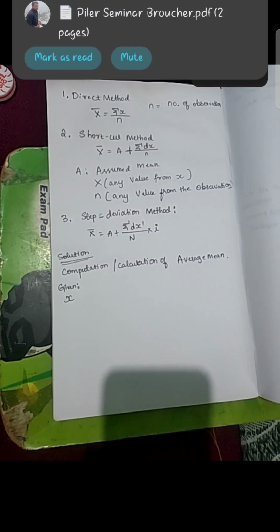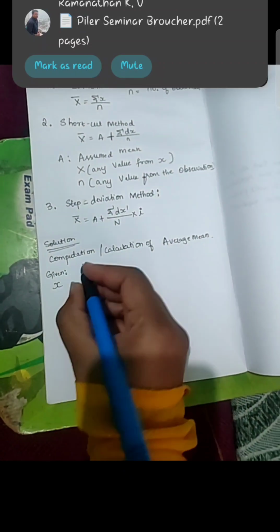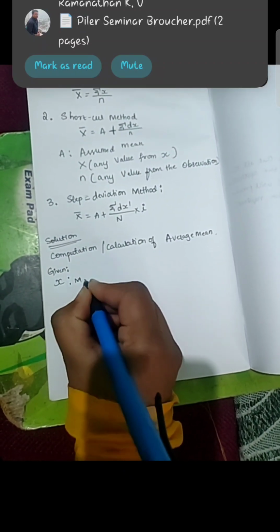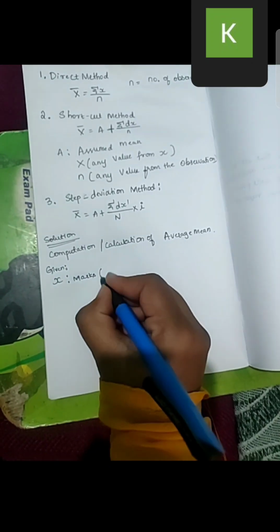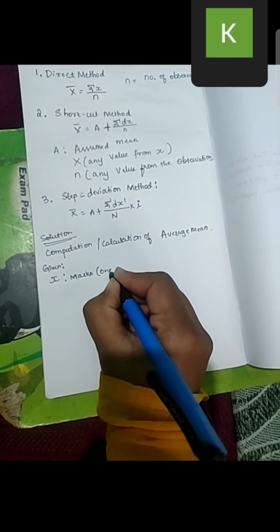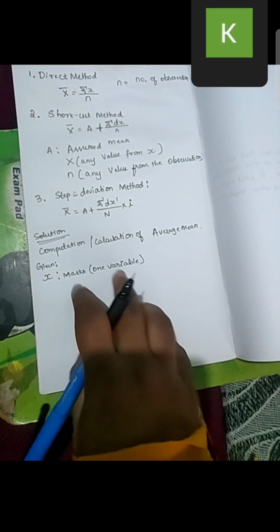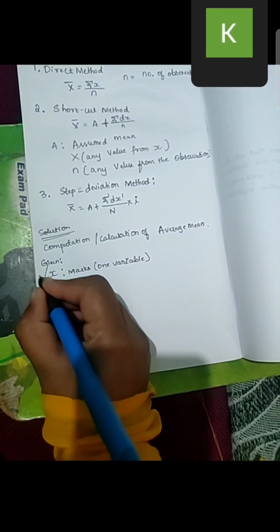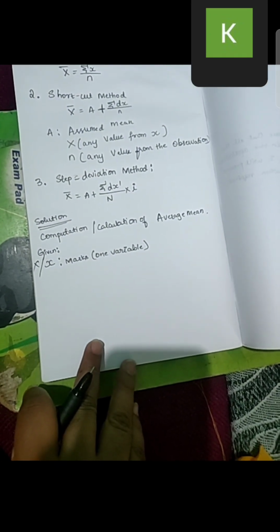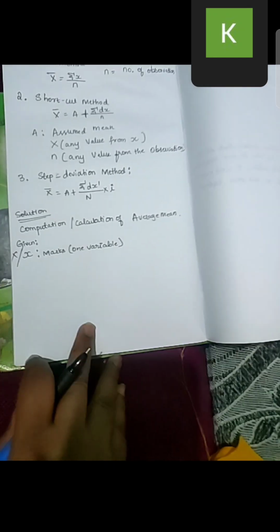In the given question, the x here is marks. Marks is represented as x, and this is what we call a variable. Here the marks is the variable, and we are denoting it as x. Hope you are understanding. Yes, ma'am.